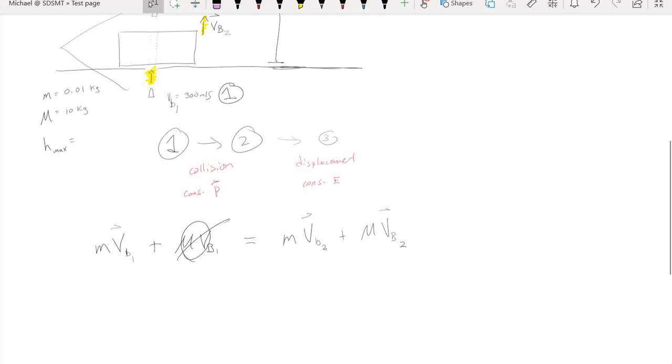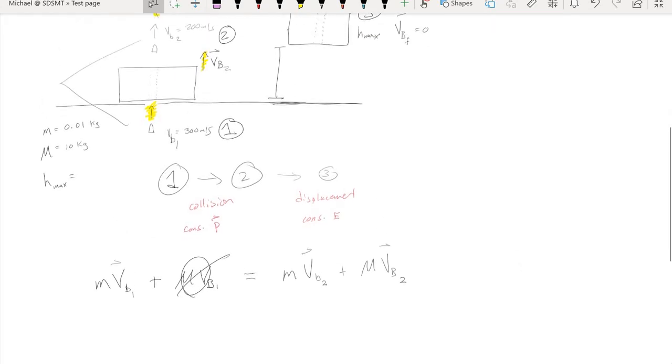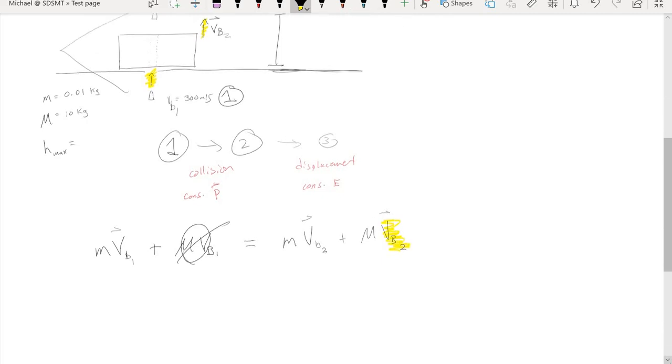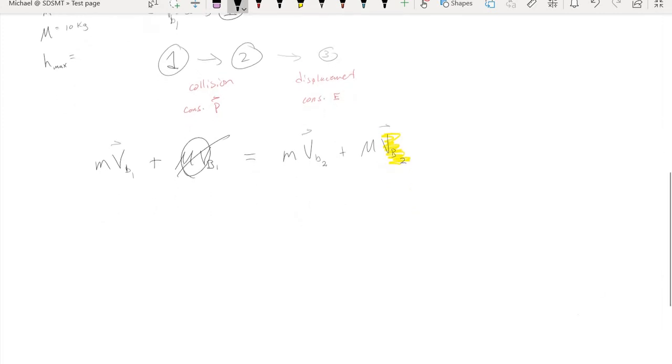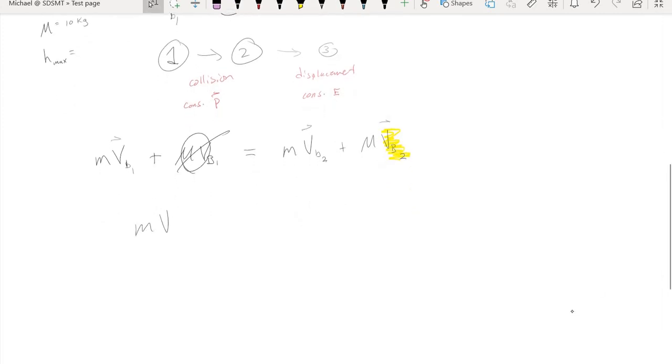And when it comes to the numbers, we have all of the numbers except for the velocity of the block just after the collision. So let's take those numbers and we can put them into our equation here, and we can solve for the velocity of the block just after the collision.